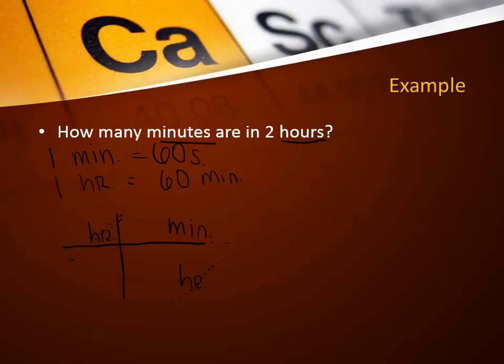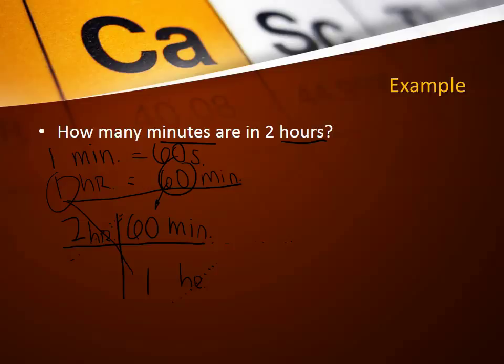So I look back at my conversion factors and I see I've got something that relates these. So I can start putting in numbers, because that is as far as my track will need to go. I will go from hours to minutes. So I start with 2 hours, and I know that 1 hour is 60 minutes.